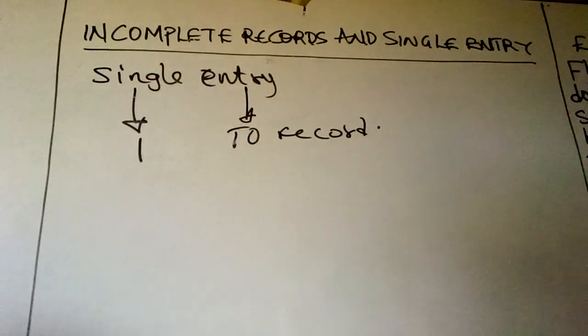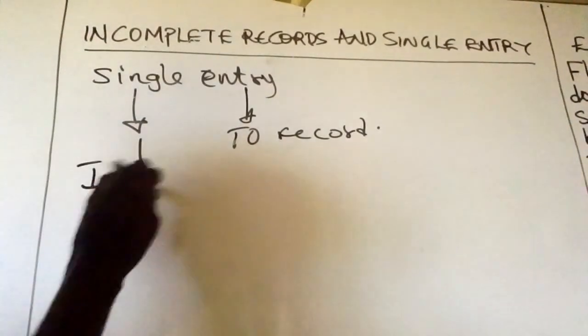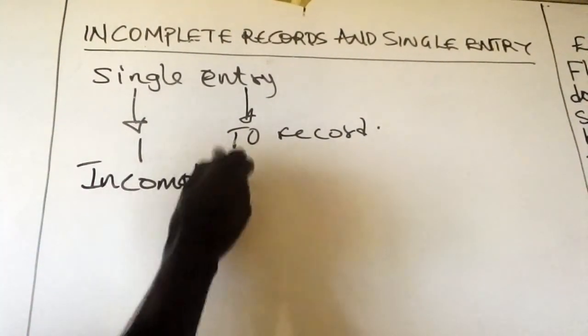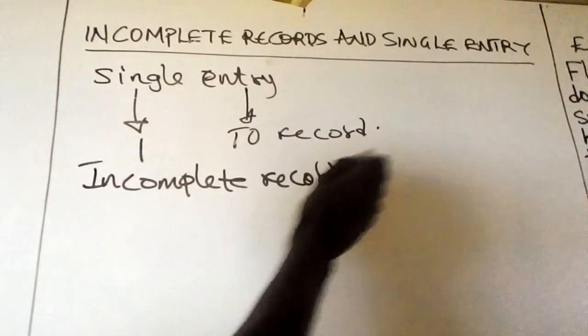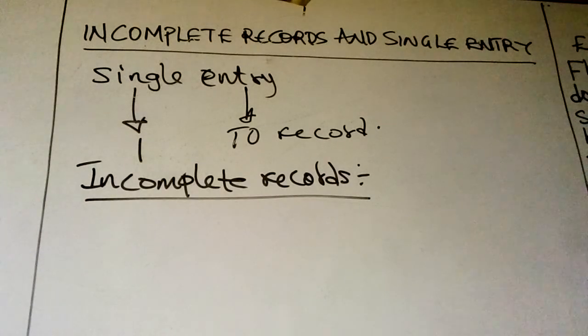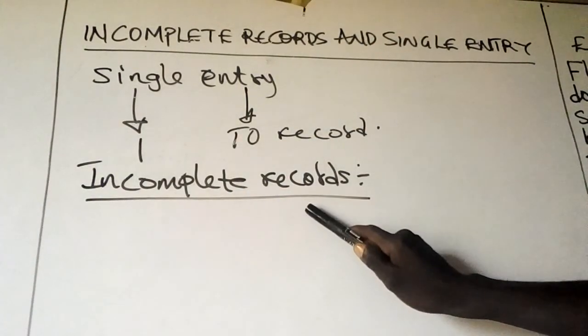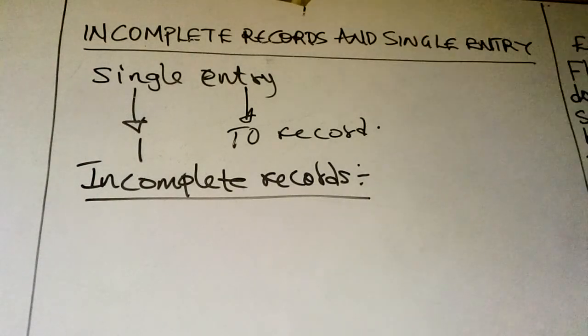On the other hand, incomplete records is a situation where there are hardly any records at all.